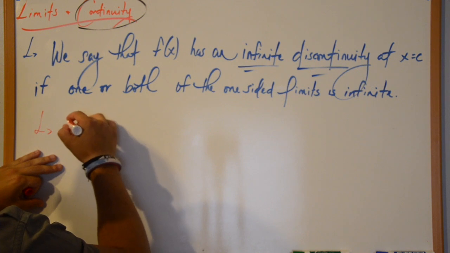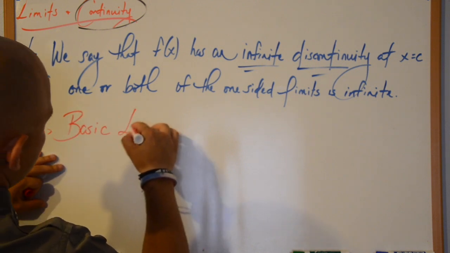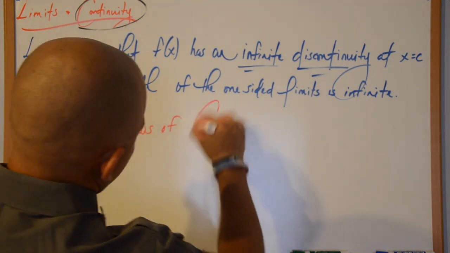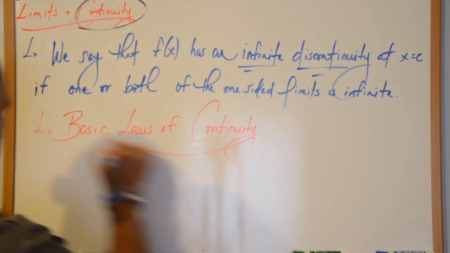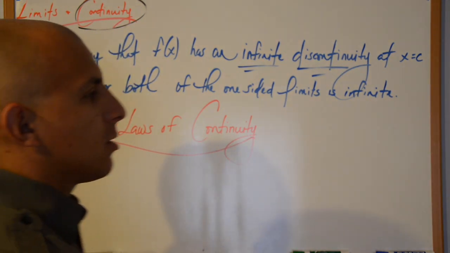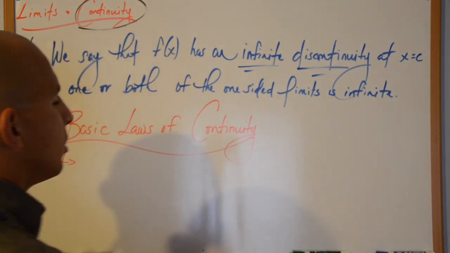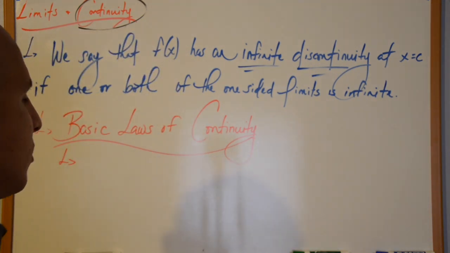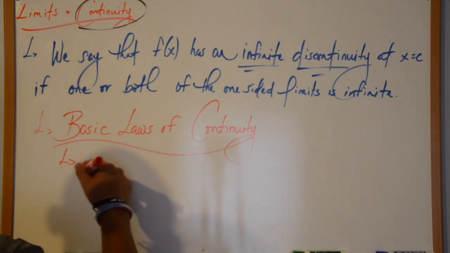Let's call this basic laws of continuity. And if you're a calculus veteran, I definitely think this is something you may have taken for granted along the way, but hopefully in the next 3 to 4 minutes it'll be solidified and you understand why you do what you do when you evaluate limits.